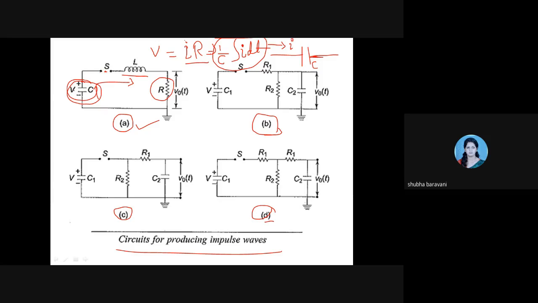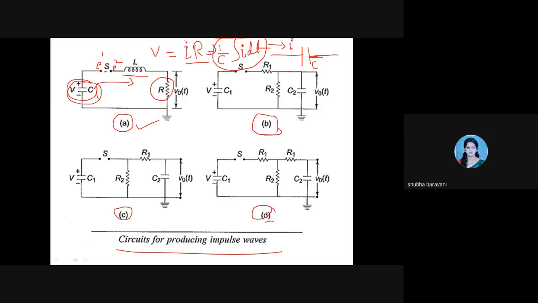There were two electrodes, and in between we were testing the insulation of the air, which is acting as a resistance. That itself is a sphere gap or spark gap, where you have two electrodes, electrode 1 and electrode 2, and in between there is a gap. This is called a spark gap.